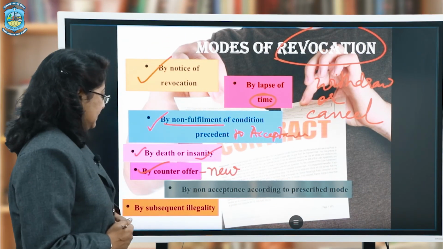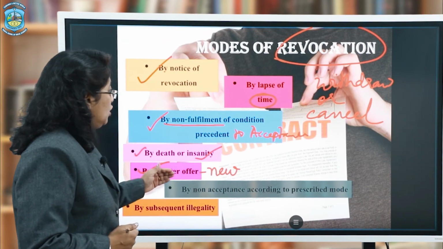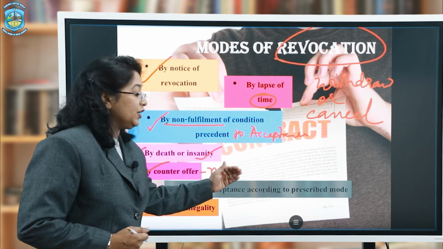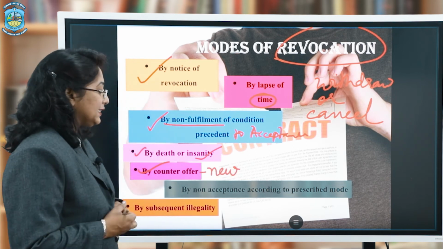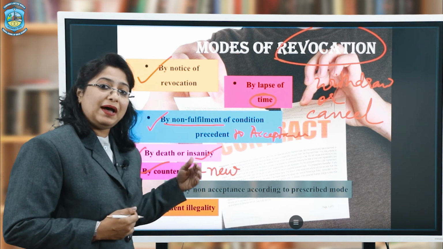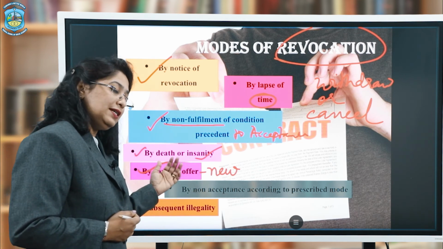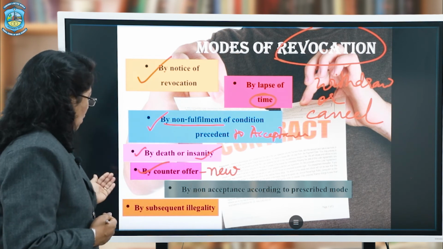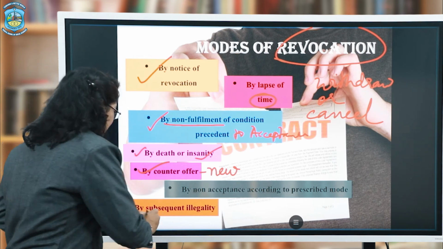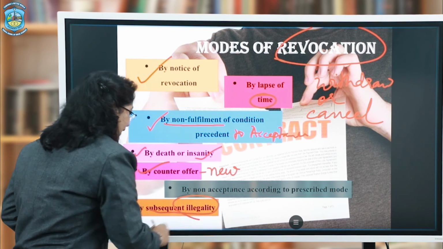The sixth one says that by non-acceptance according to prescribed mode. Say for example, we are not making the acceptance according to the prescribed manner as specified by the offerer, then the acceptance stands revoked. Whereas the last says about subsequent illegality.